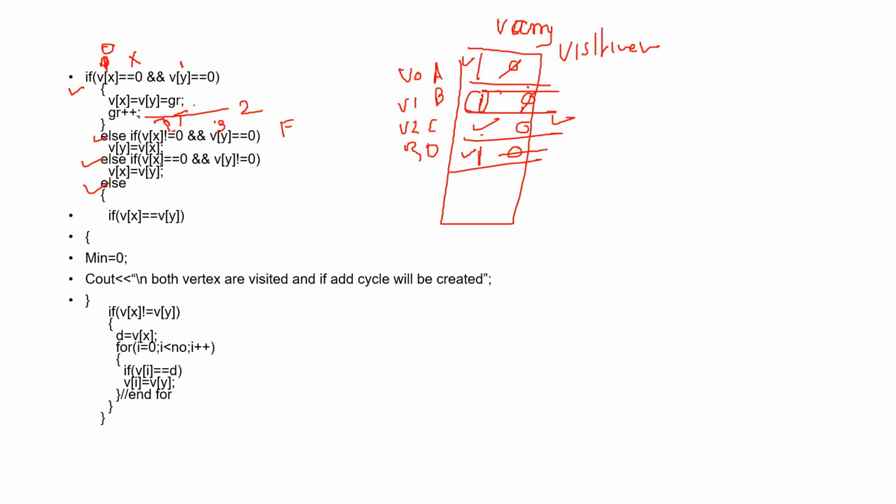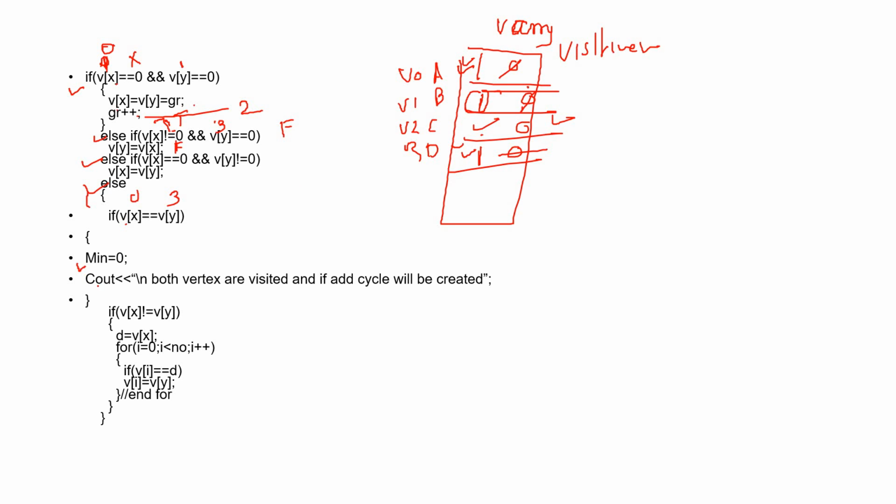Next else if v of 0 is equal to 0, no, 1 is there, so this condition is false. And v of 3 is not equal to 0, true, but false and true will become false. Now it will be in the else part. In the else part I am checking whether v of 0 is equal to v of 3. Yes, because both have the value one.